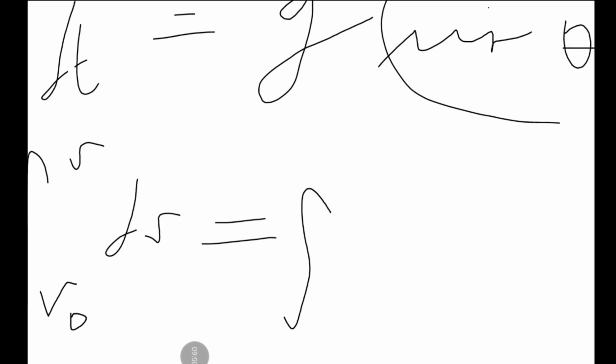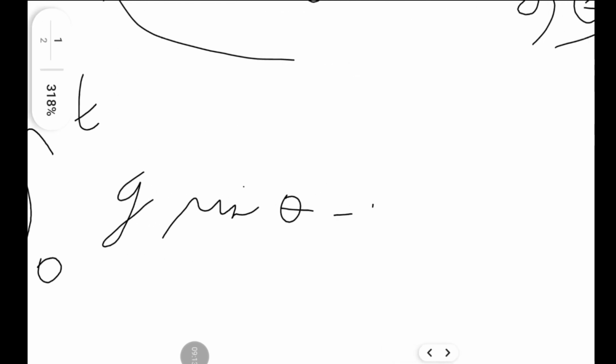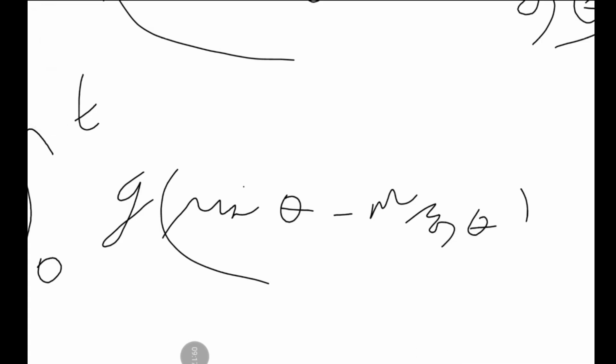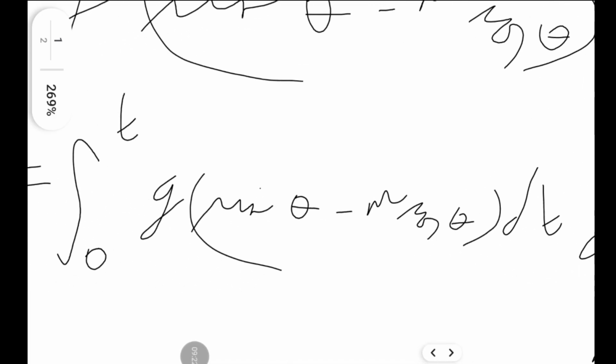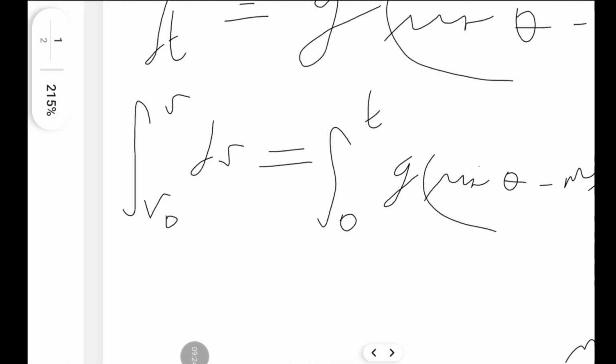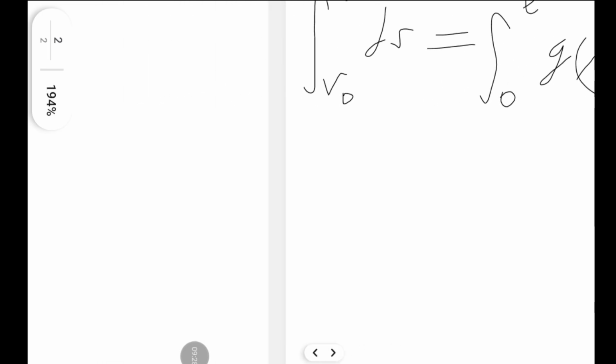Now, t0 is going to be 0 because it starts at time equals 0. So between t and 0, we know that the initial time will be 0. Then it's going to be g sine of theta minus mu cos of theta, and at the end, you're going to have dt. You can solve most incline problems with just that. You can integrate that and get it into a form. Let me show you the form I can get it into.